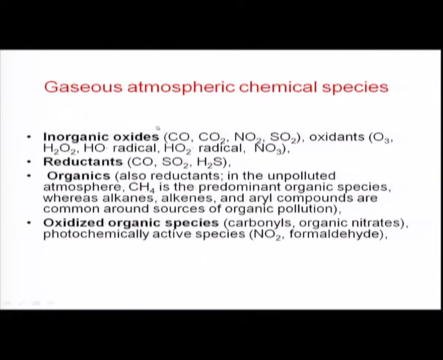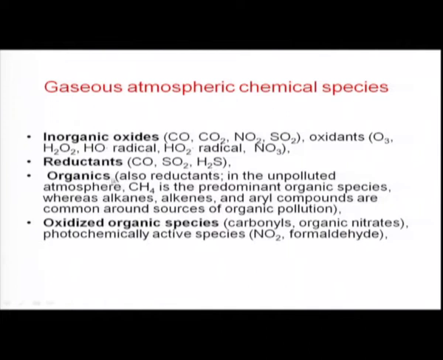All these are inorganic compounds with oxides as the species. At the same time, the atmosphere also has reductants: carbon monoxide, sulfur dioxide, hydrogen sulfide. These are all reducing substances that can react in a reducing way.